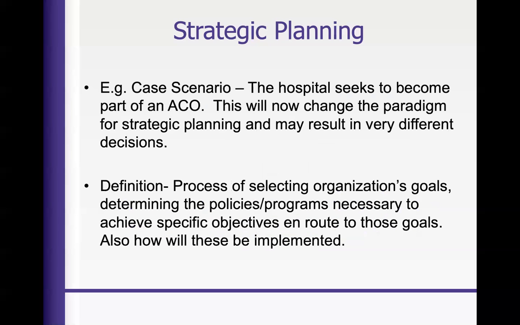So if we think back to that case scenario of Ted, all right, Ted and the hospital are seeking to become part of an accountable care organization. And joining this may change the paradigm for strategic planning and may result in very different decisions. Why?